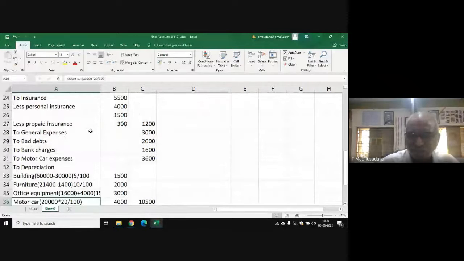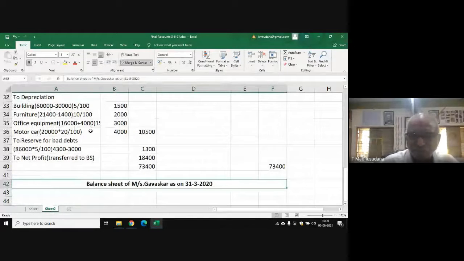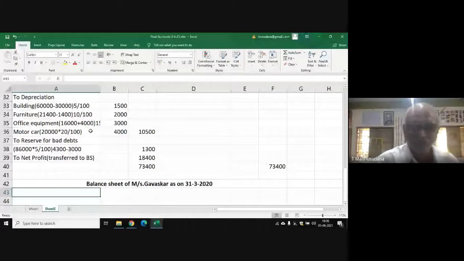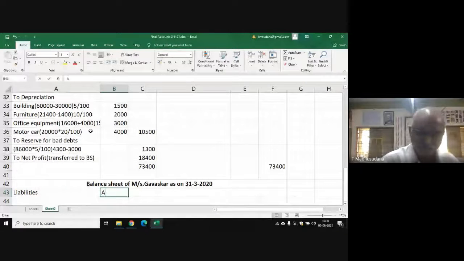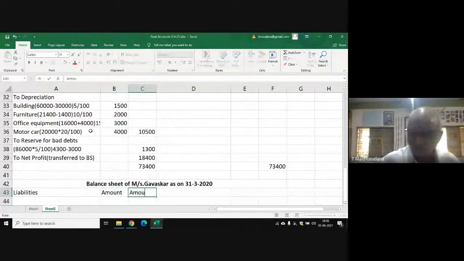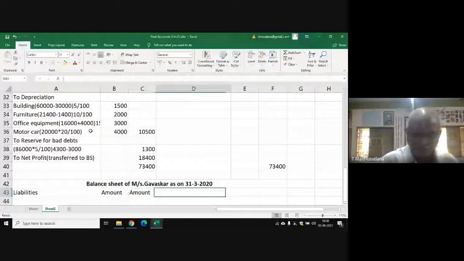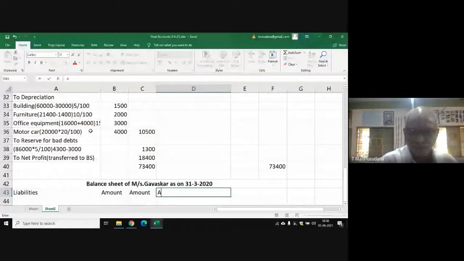But in the case of the balance sheet, it is to be written as on 31/3/2020, because the balance sheet always shows the position at a point of time. So the headings are liabilities, amount, next assets, amount.